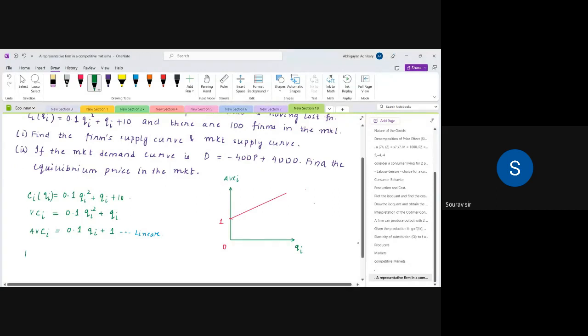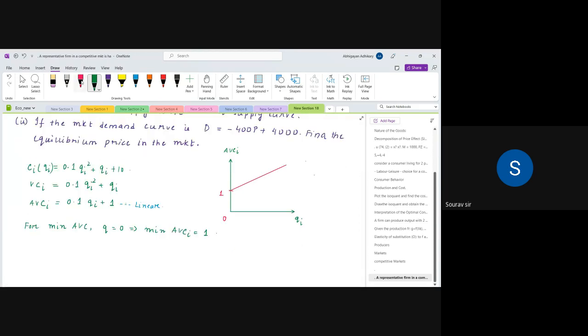For min AVC, you put Q equals 0 and you get min AVC as 1. That means the minimum price at which the firm will operate or supply in the market is 1. Now let's find the firm supply curve.